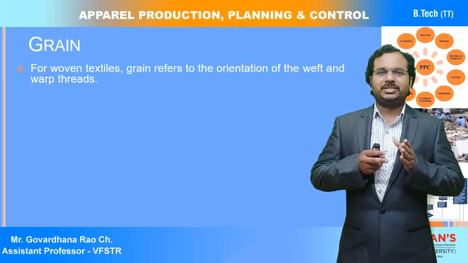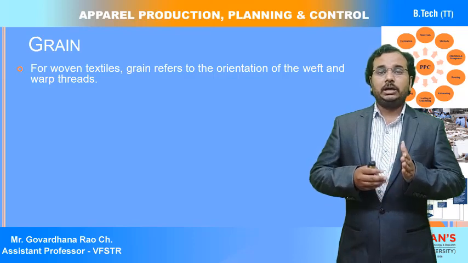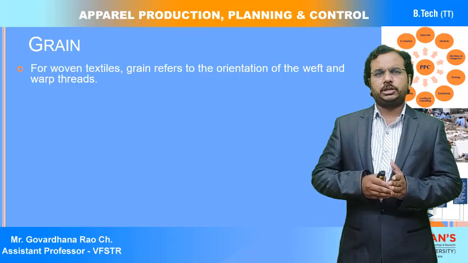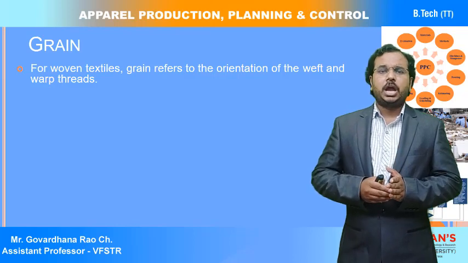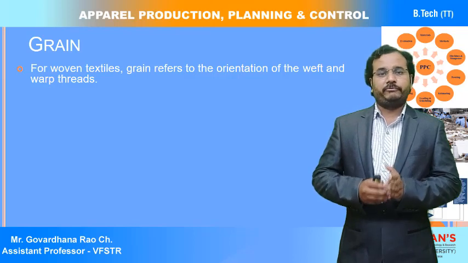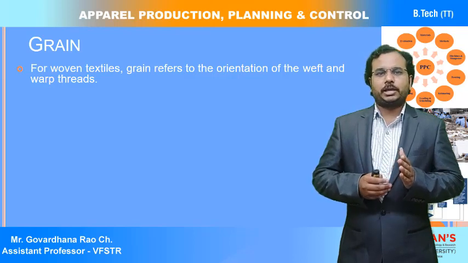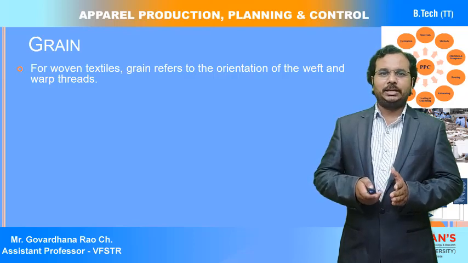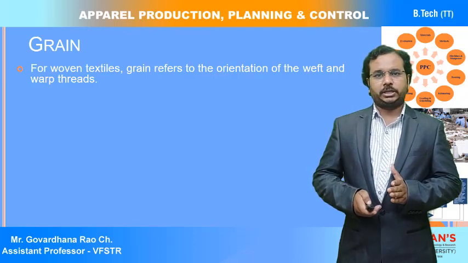So straight grain is nothing but the warp direction, along the axis of warp threads, and cross grain is nothing but along the axis of weft threads or across the axis of warp threads. This is exactly the grain in the case of woven textiles.